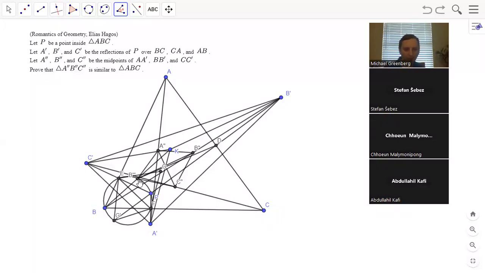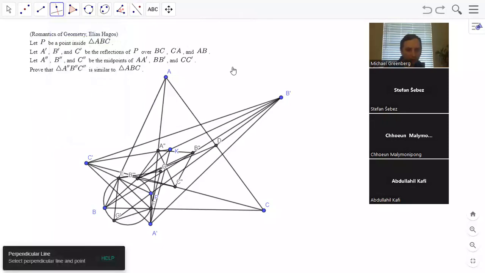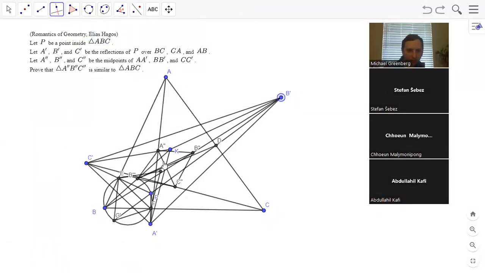So maybe we should first try to show that BK in this definition of points is perpendicular to A double prime, C double prime. Is that true even? We want to show that B prime K is perpendicular to it. Yes, it's true.